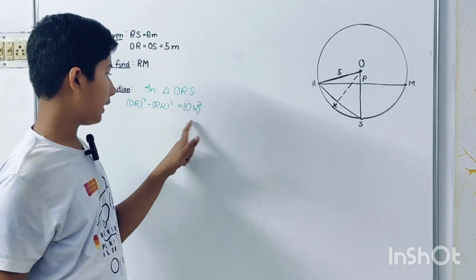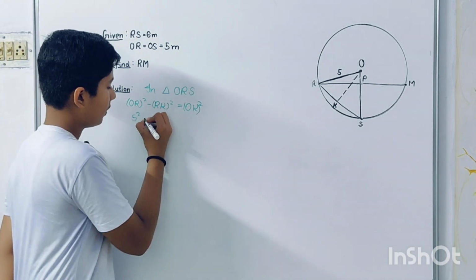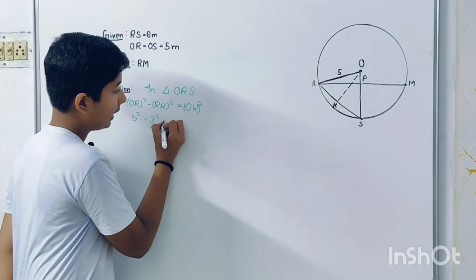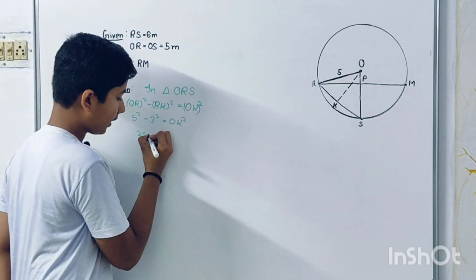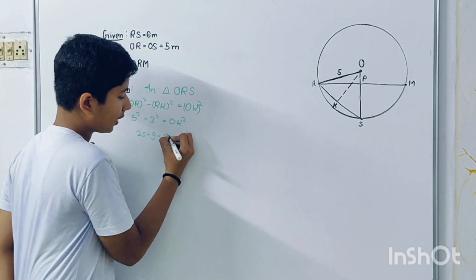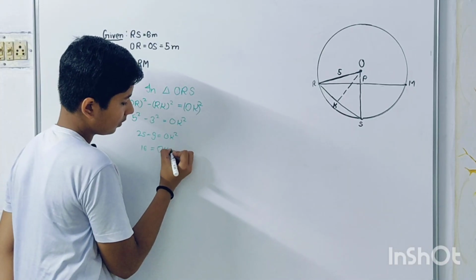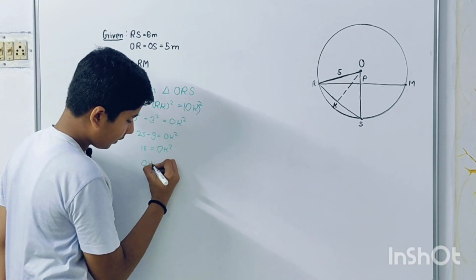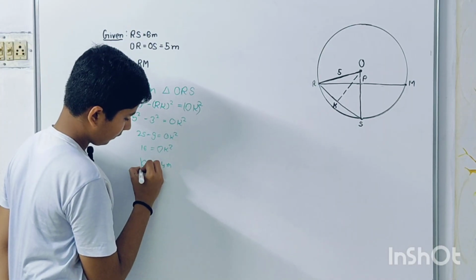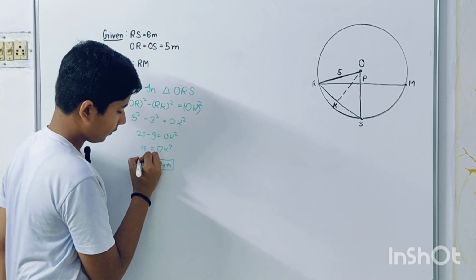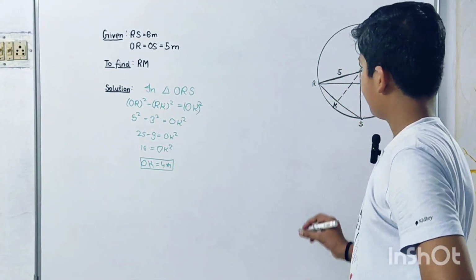So 5 square minus 3 square equals OK square. 25 minus 9 equals OK square. 16 equals OK square. So OK will be equal to 4 meters. Here we have found the length of OK.